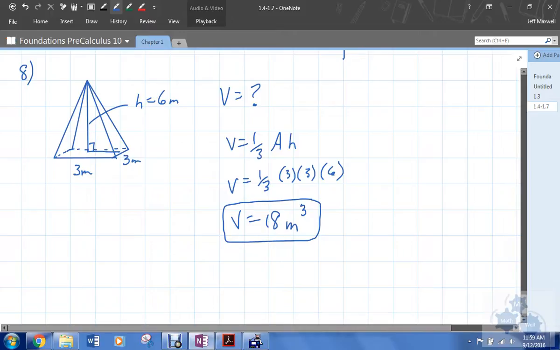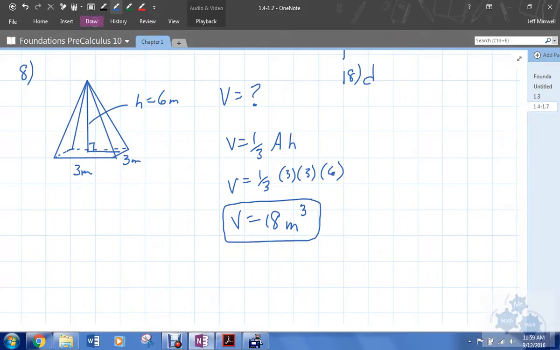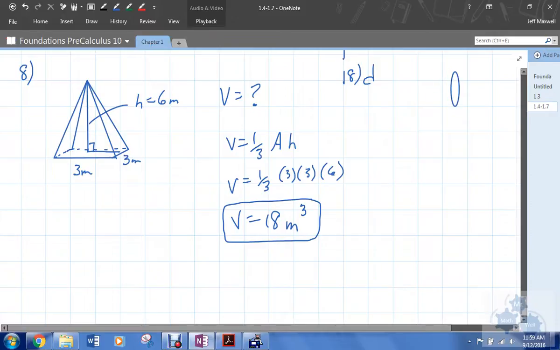Let's do 18D. And the volume here, let's see what we can do here.